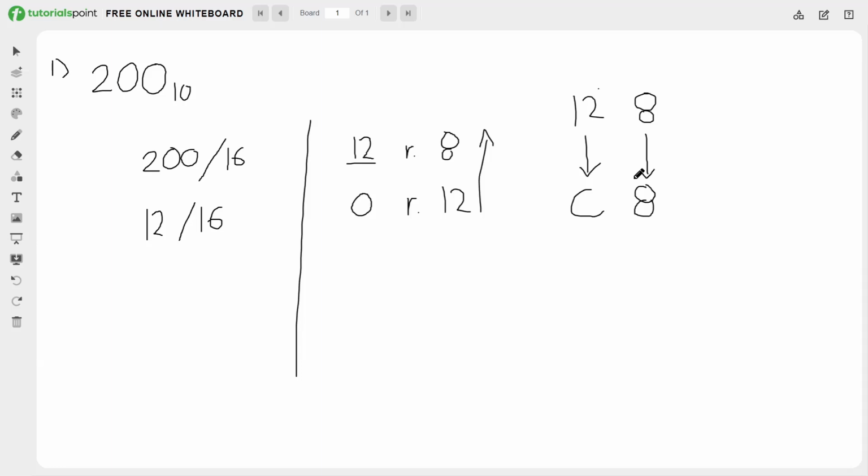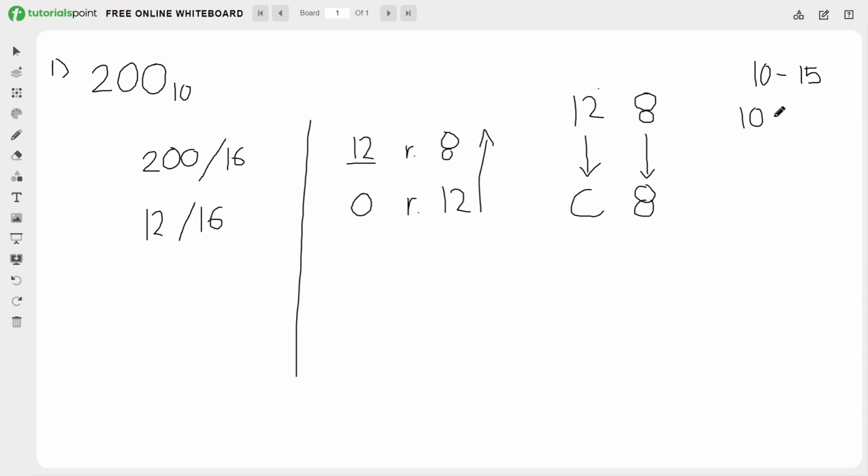Remember that before we proceeded to the conversion part, I told you that numbers 10 to 15 have different equivalences in hexadecimal form.